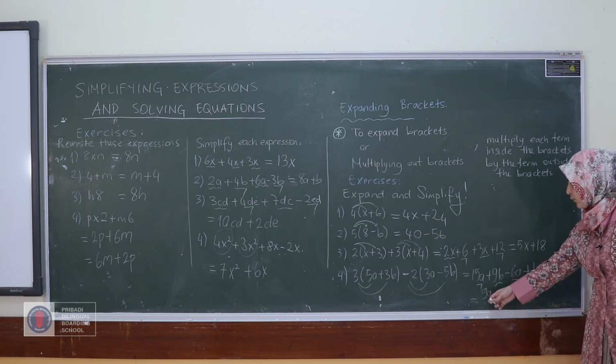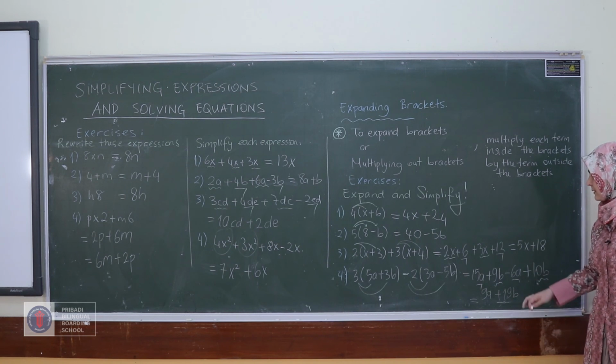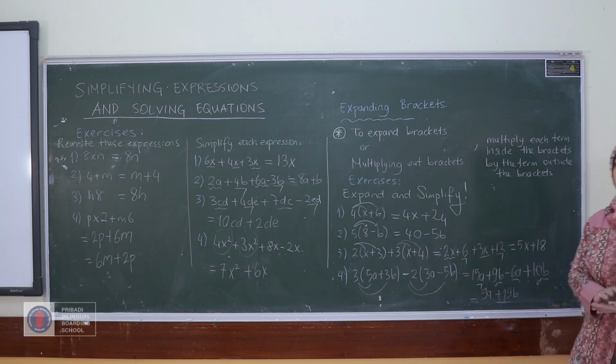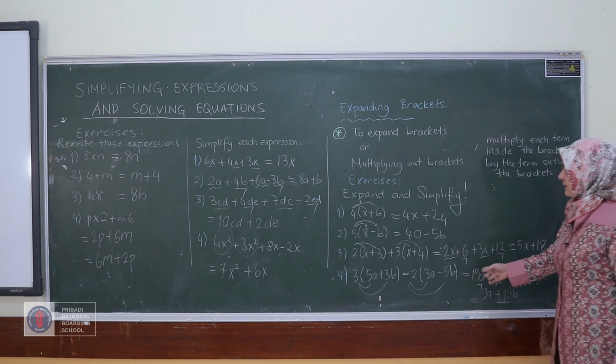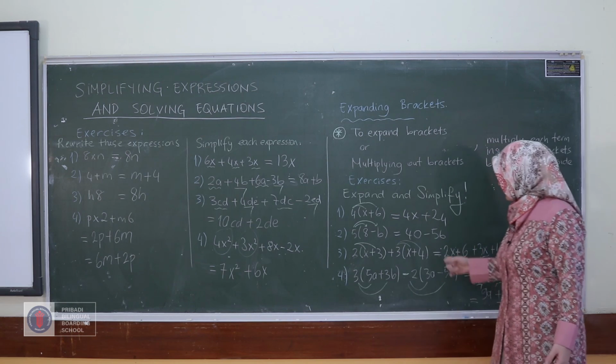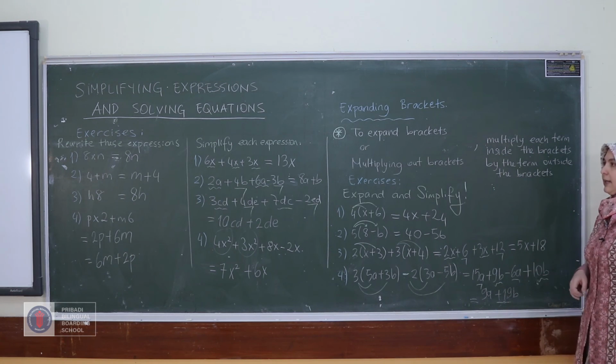A is first in the first term and B is in the second term. So that's all. We have already solved this question. We can write this expression in simple form like that.